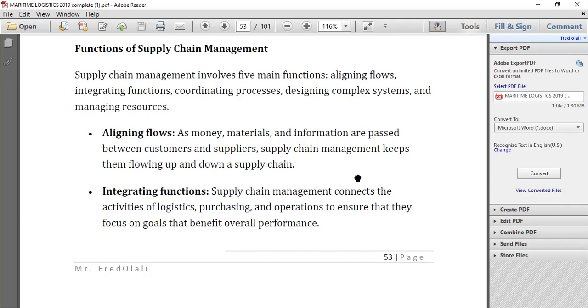Now, as money, materials, and information are passed between customers and suppliers, the supply chain management keeps them flowing up and down the supply chain. So we say that money, materials, and information are normally passed between customers and the suppliers.